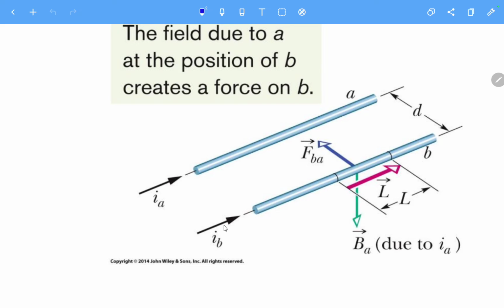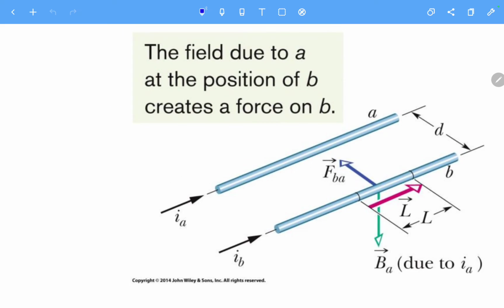And then we have IB pointing this side, which means that, if you still remember what I talked about in the last hour, FB equals I times L cross B. L has the same direction as the current IB.